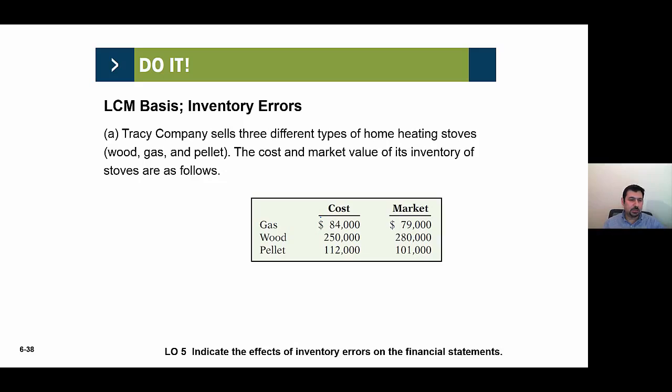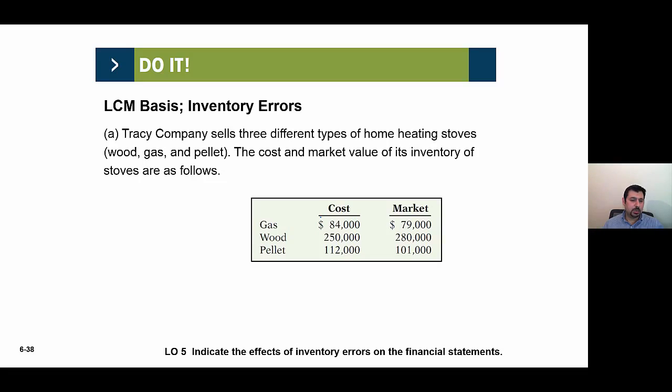This is an example, just as a reminder, of LCM and inventory errors. The question is which one to choose, the cost or the market. For gas, the cost is 84,000 and the market is 79,000.